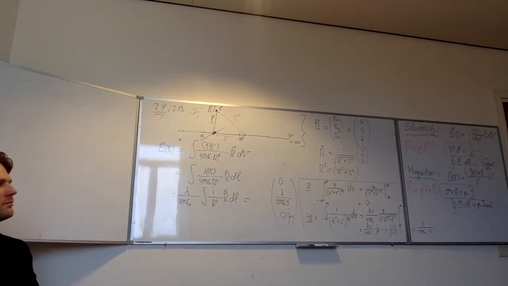Wait, how's that? Can you repeat what you just said? So by symmetry, the Z components cancel out, lengthwise, but you still get the Y components from every single part. Those don't actually cancel out.